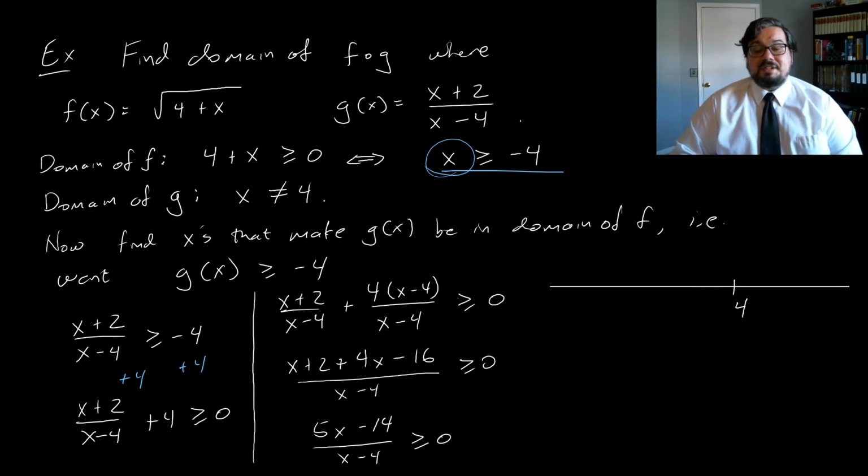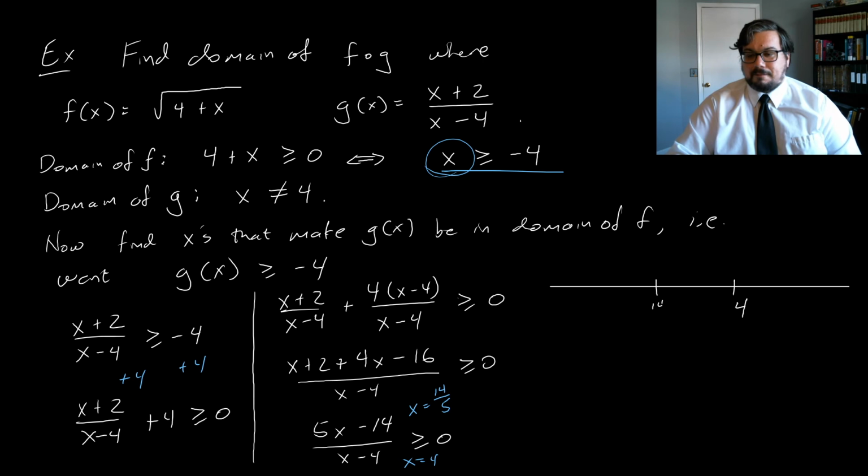And the numerator is equal to 0 when x is equal to 14/5, which is a little less than 3.